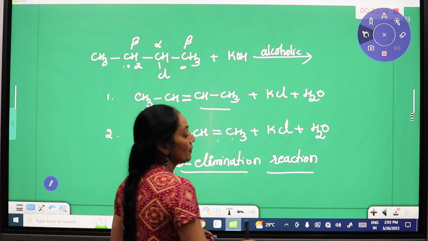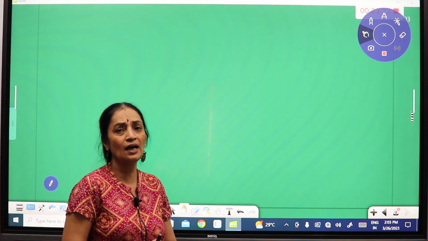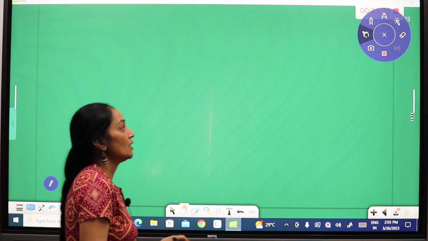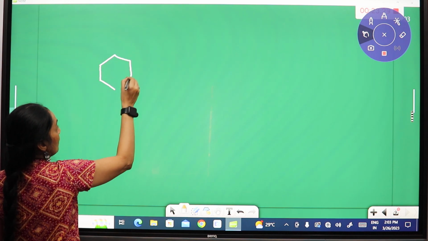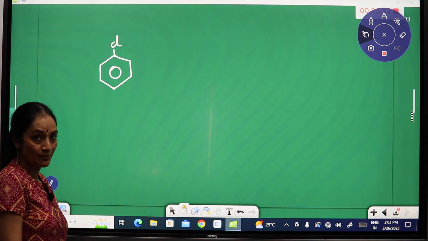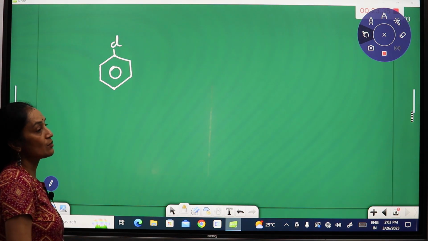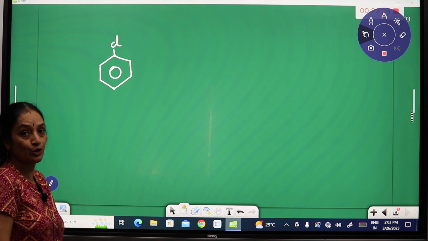Let me now take a chemical property with respect to haloarenes. Now see, I will take here a benzene ring with chlorine, we call it chlorobenzene. In chlorobenzene, the chlorine is an electron donating group.